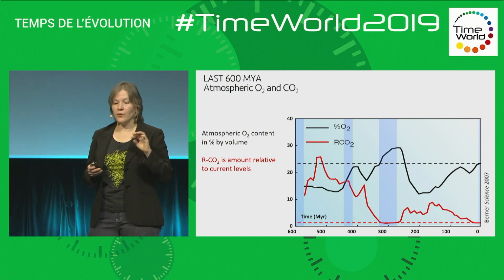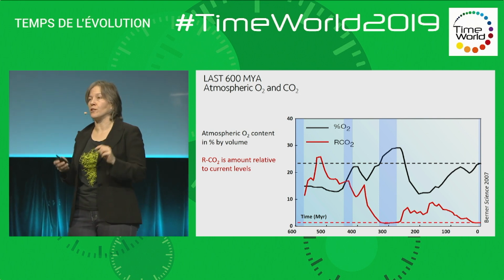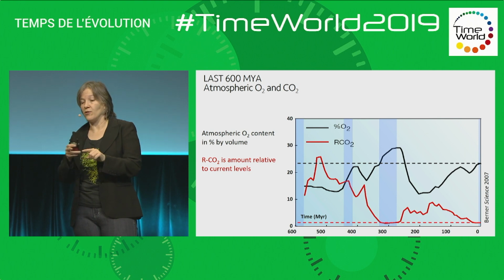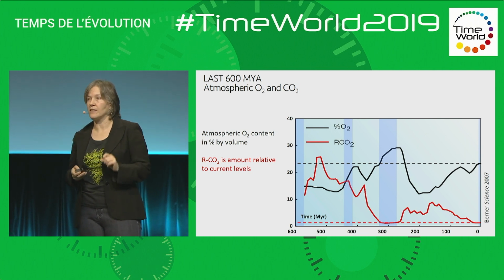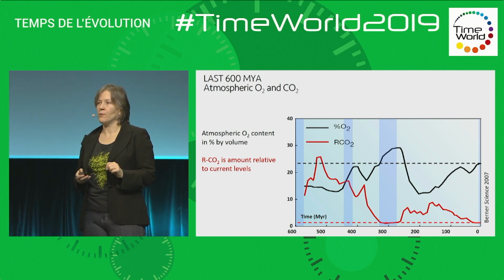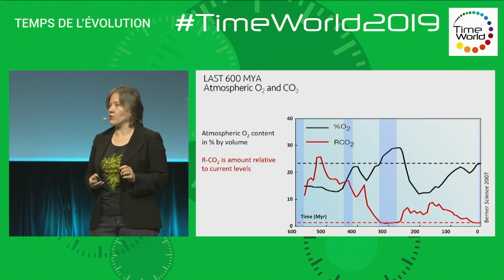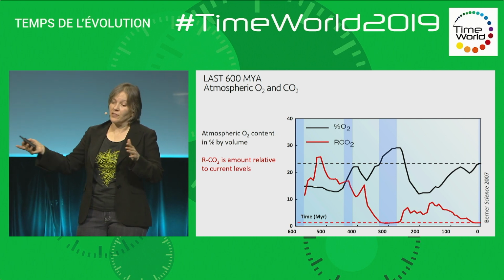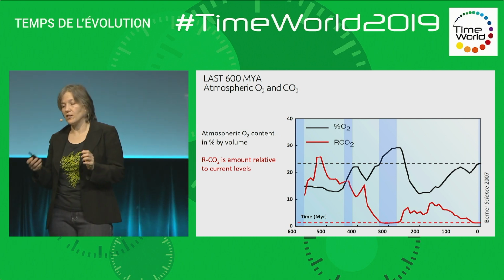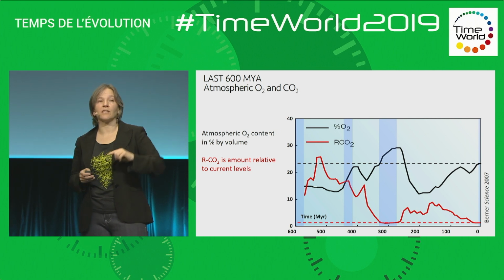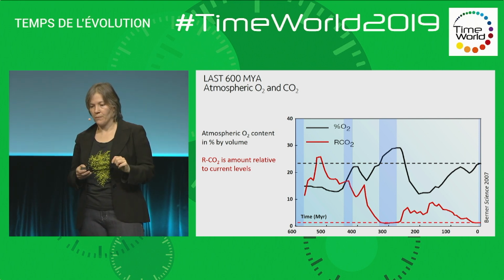In red, you have the amount relative to the current amount of CO2 levels, and you can see that the dotted line that represents that is relatively low. So if you look at it over a time period of 600 million years, CO2 levels are relatively low at this moment in time, but it's rapidly increasing.